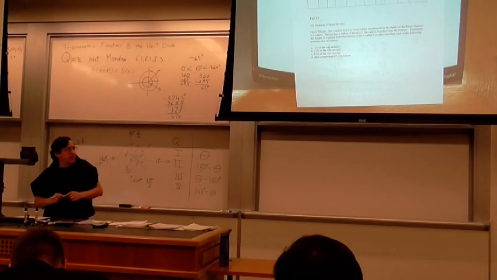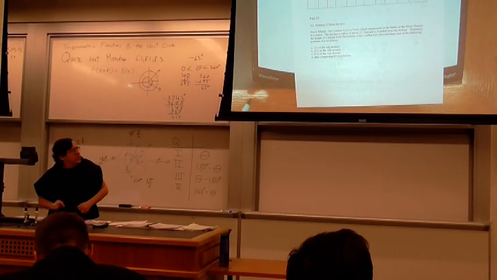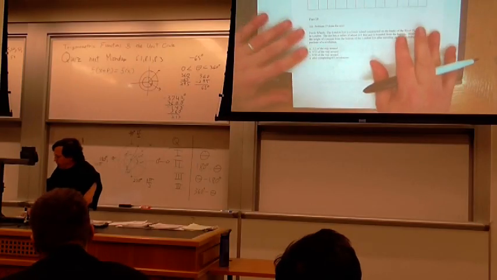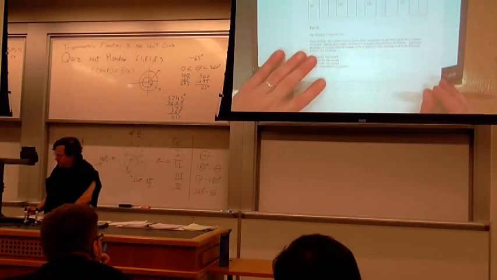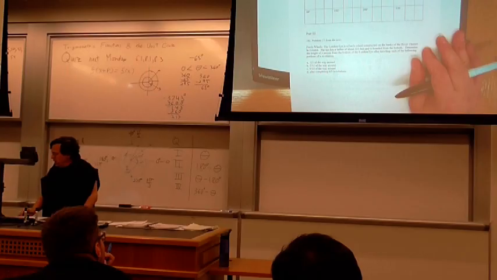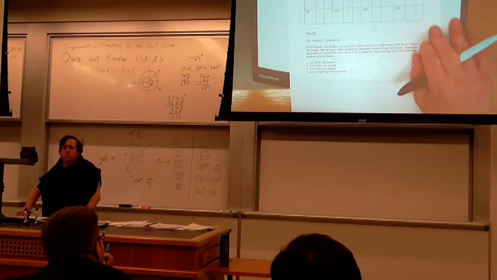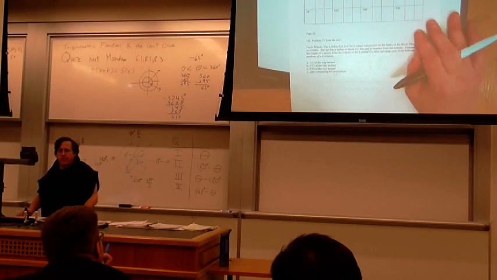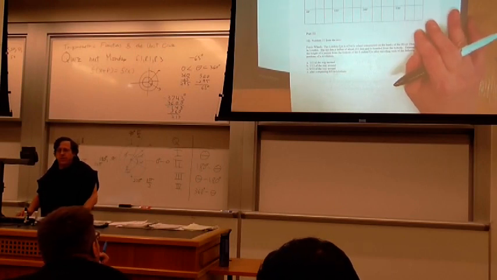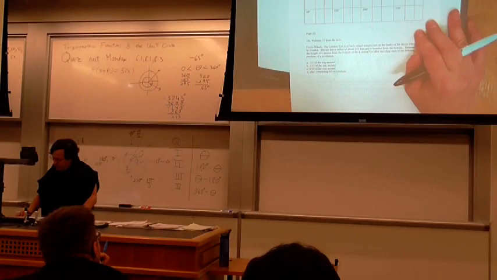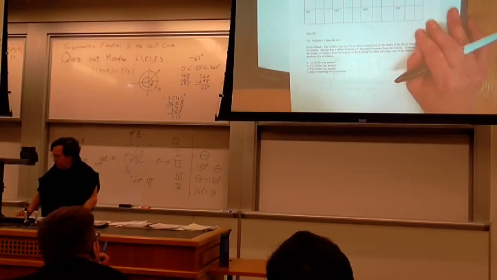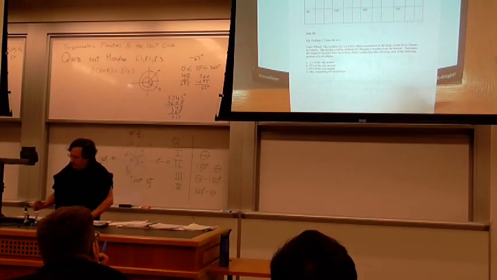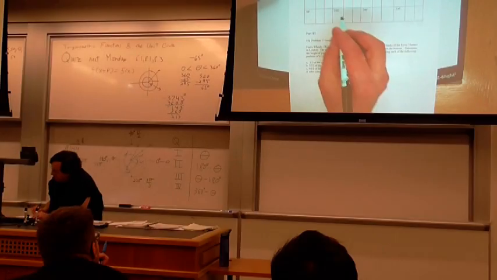In the name of getting us out of here on time, I'll start to go over this, and you might want to complete this, if only for practice. It might come in handy to be able to do this on homework or quizzes and tests.